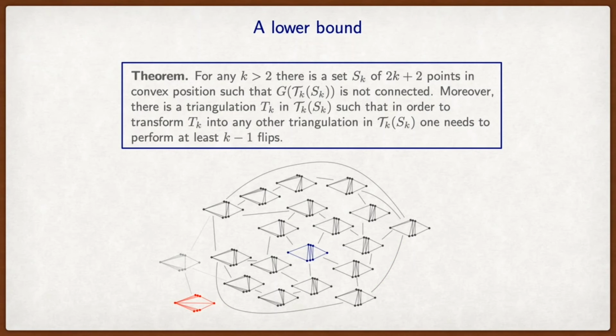This is the flip graph of the order 3 triangulations of such point set, and the red triangulation is the triangulation that we exposed. In addition, we show that the red triangulation is at distance at least K-1 to any other order K triangulation of such point set. This concludes our first result.